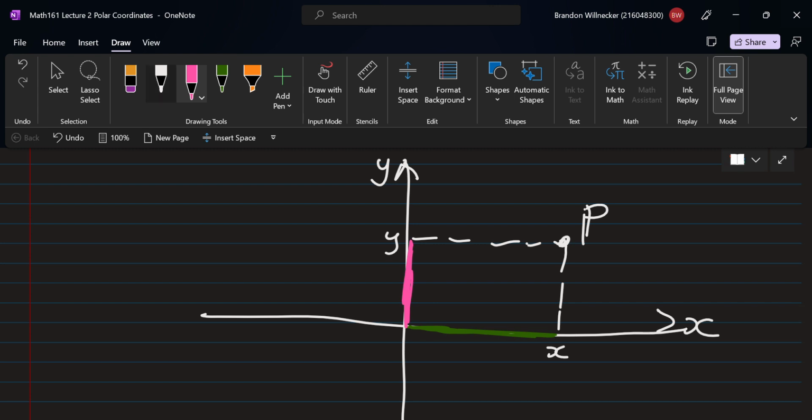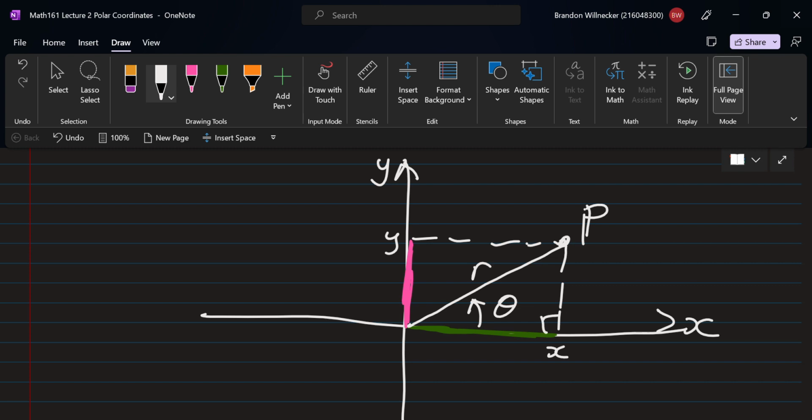But we know now that there's another way. We can use this radius, r, and the angle from the horizontal, this angle theta. And remember that this is at right angles.